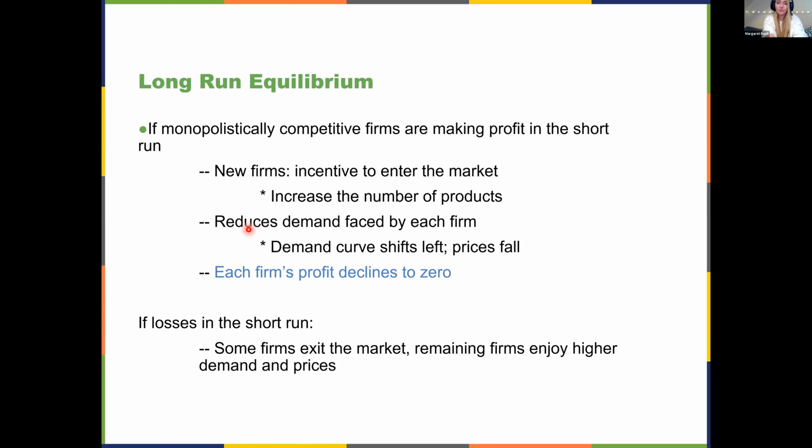And because more firms are now entering the market and selling a good that is similar but maybe slightly different, this essentially reduces the demand faced by each individual firm. So if a brand new shoe company opens up, it may take away some business from Nike or from Adidas. So the demand for Nike shoes or the demand for Adidas shoes may decrease. And if demand shifts to the left, this causes prices to also decrease.